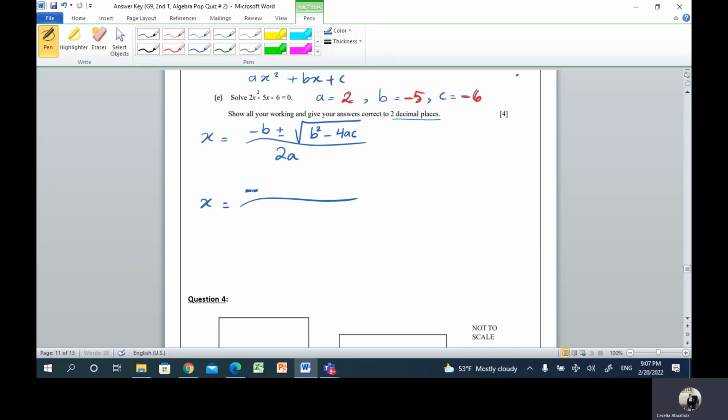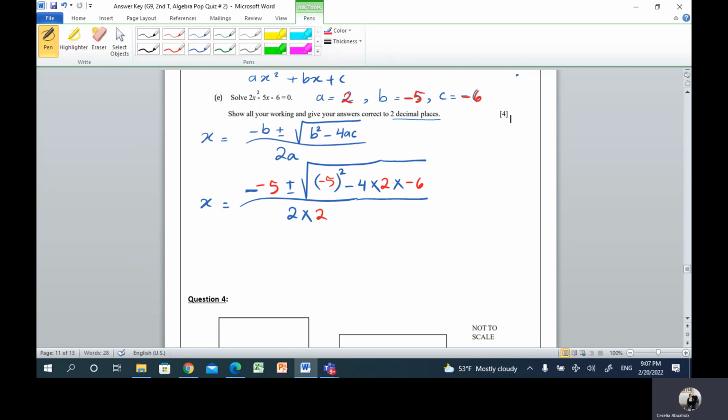So here, minus, this is part of my formula, and b is negative 5, then plus minus square root. B squared, we always put it inside a bracket, and it is negative 5 to the power of 2 minus 4 times a, which is 2, times c, which is negative 6. And remember, this is all under the square root and all over 2 times a, and a is 2.